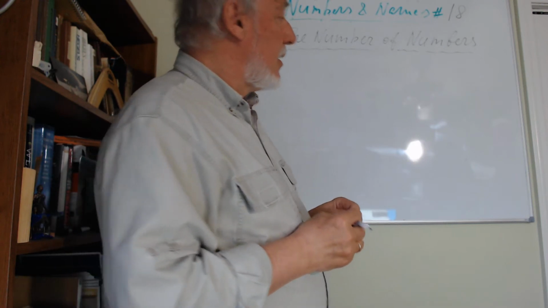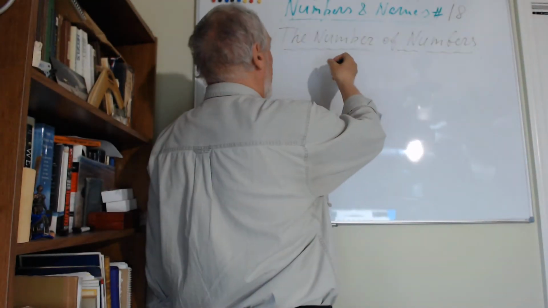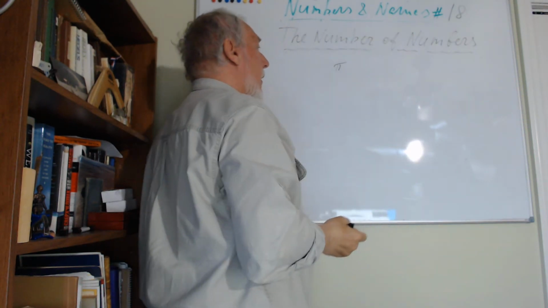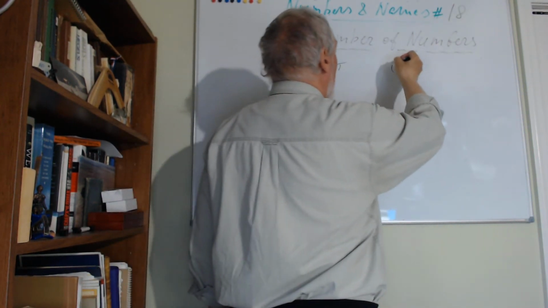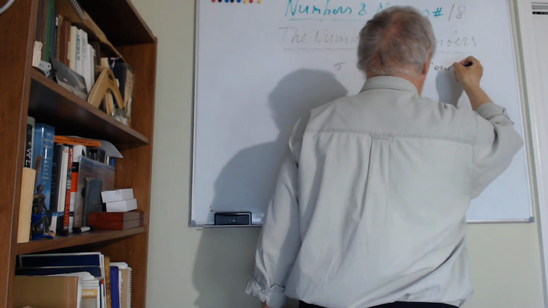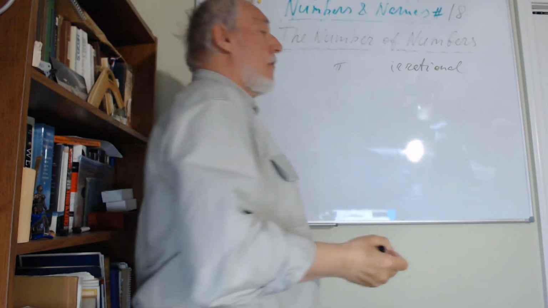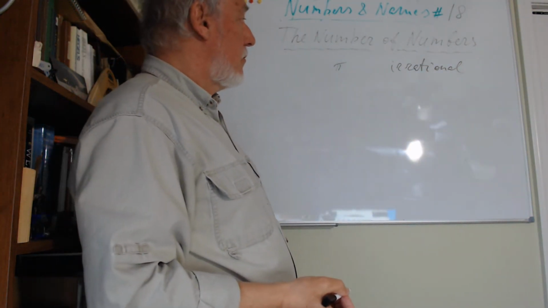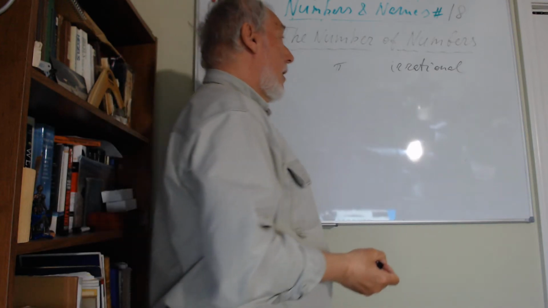There are some numbers, maybe you remember the name, like pi. It is called irrational. Daddy, isn't it irrational because irrational numbers are infinite decimals?